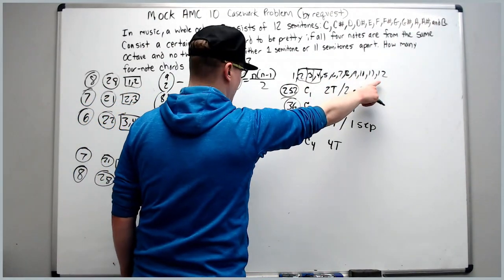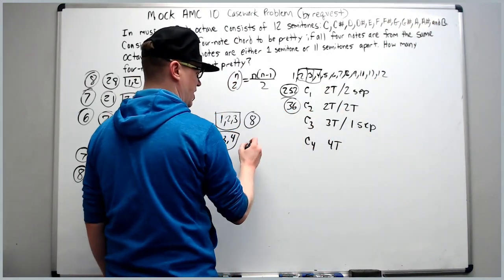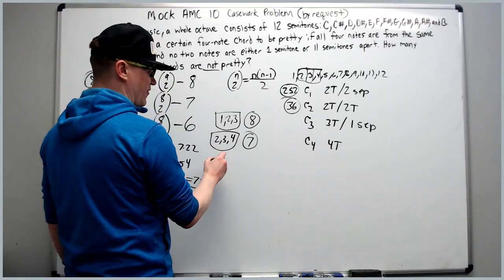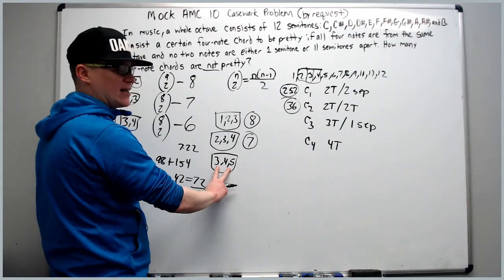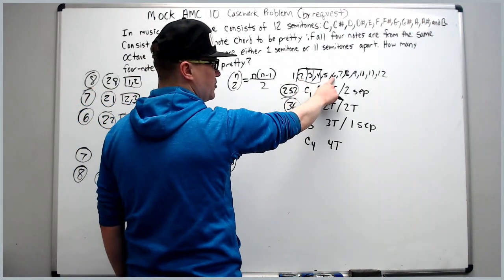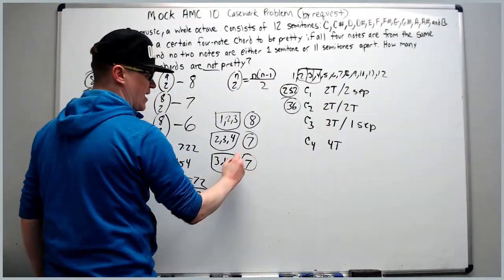I only have 6 through 12, which is going to be 12 minus 6 is 6, plus 1 is 7. What if I have 3, 4, 5? Again, I'm going to have a block of 5 that I don't have access to. Everything from 2 to 6. But I will have 1 and 7 through 12, which is another 7.